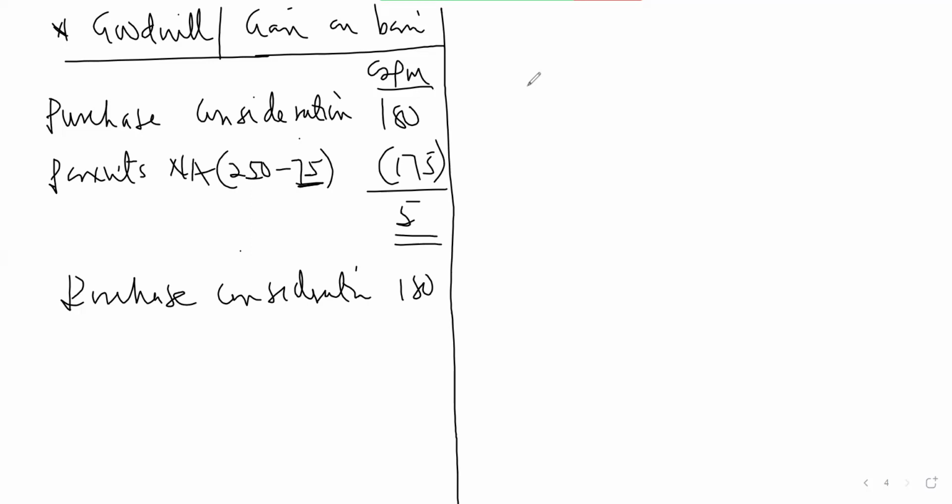Someone can say that, instead of me subtracting the non-controlling interest from the net asset, let me just add it to this one and take the total figure from it, because what are we doing? This will be subtracted. So if you're adding over here, it means that the 75 is included here. So the two sides will be 75, 75, then they can cancel.